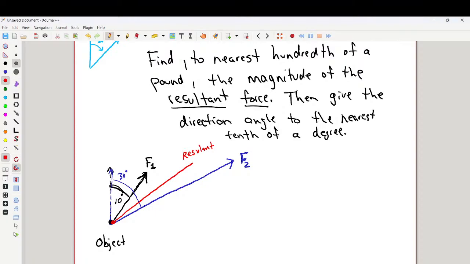All right, so we have an idea about this. What we need to do is, one, write F1 in IJ notation.